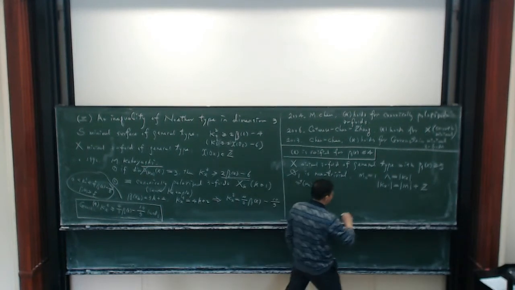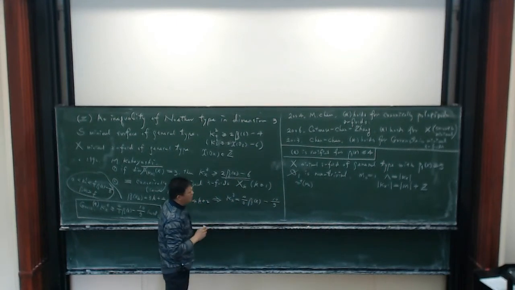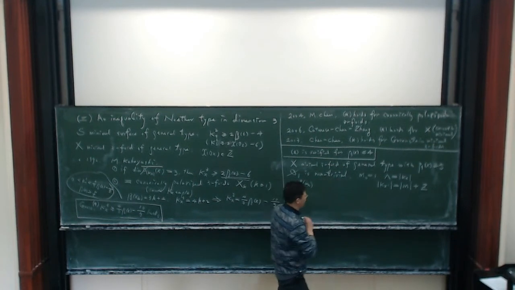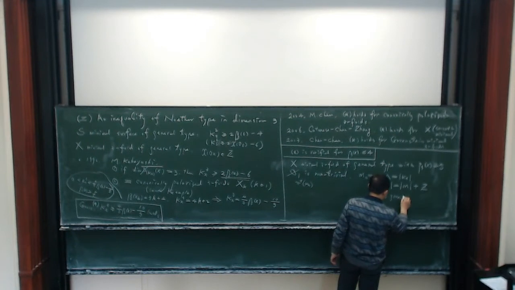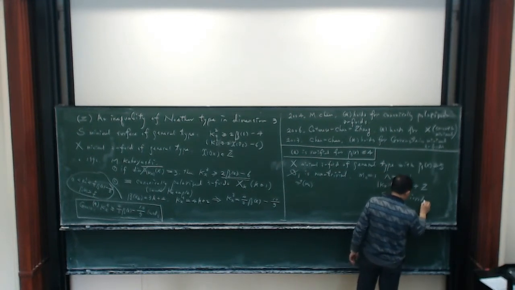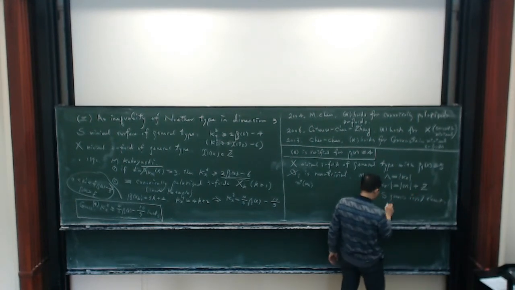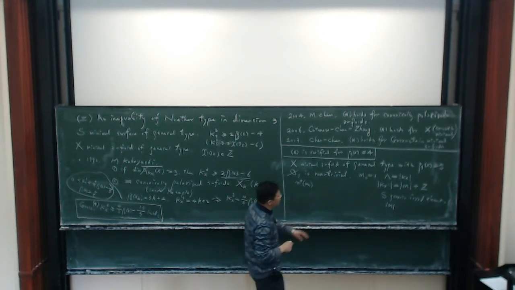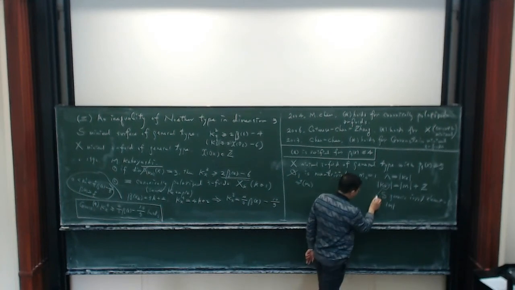So I take a general, generic irreducible element S of this linear system M. By my assumption, this is base point free after blowing up. So X prime is a smooth model.